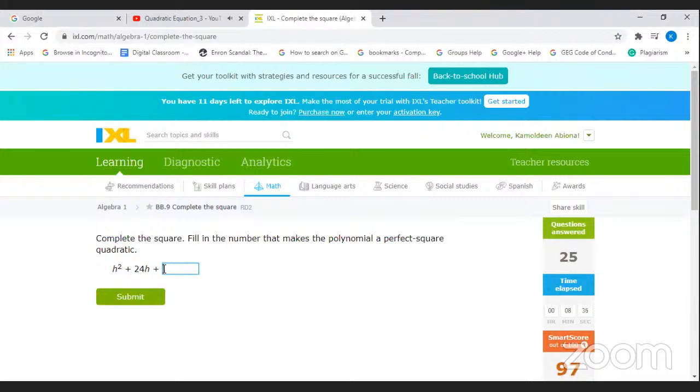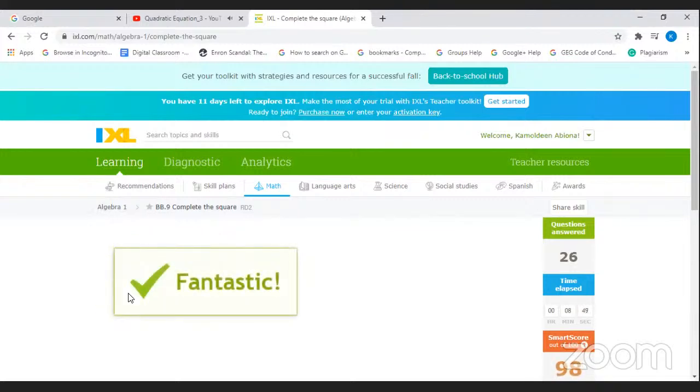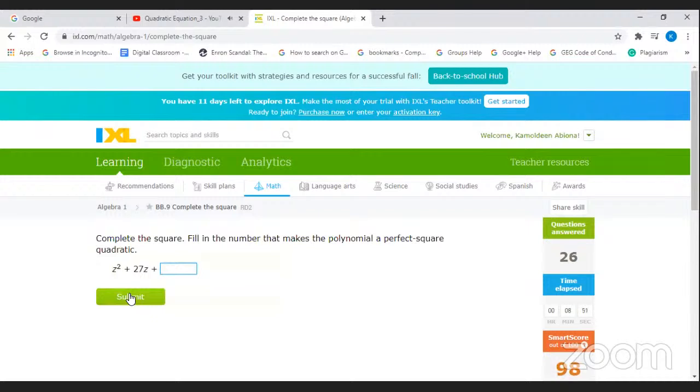For my assignment, you are going to do this. Okay, no. Let me look for 12 squared. Half of 24 is 12. 12 squared, 144. This is simple. So this is assignment number 1.